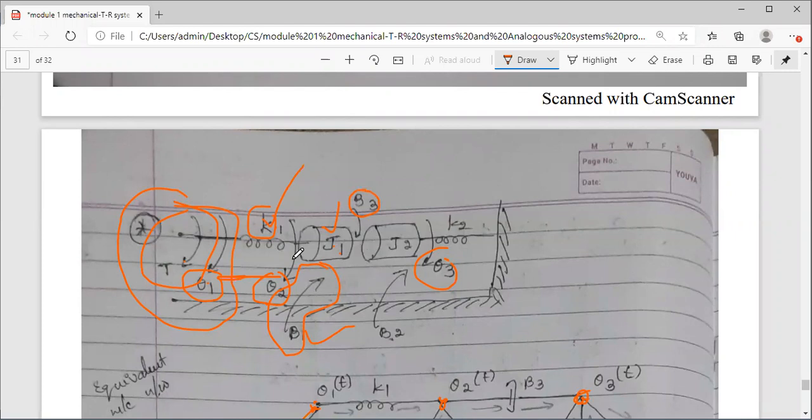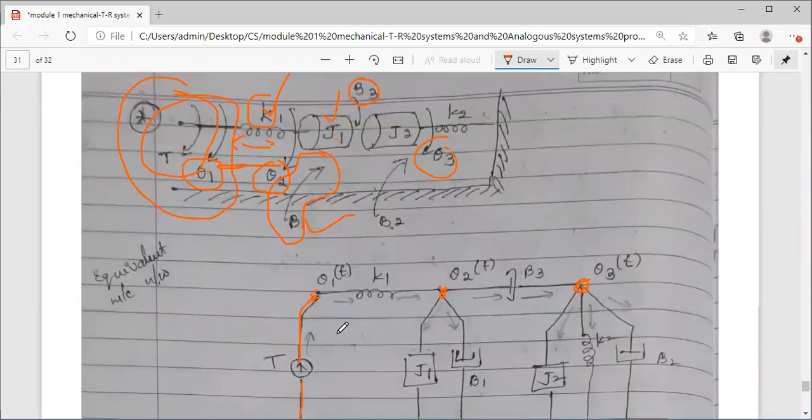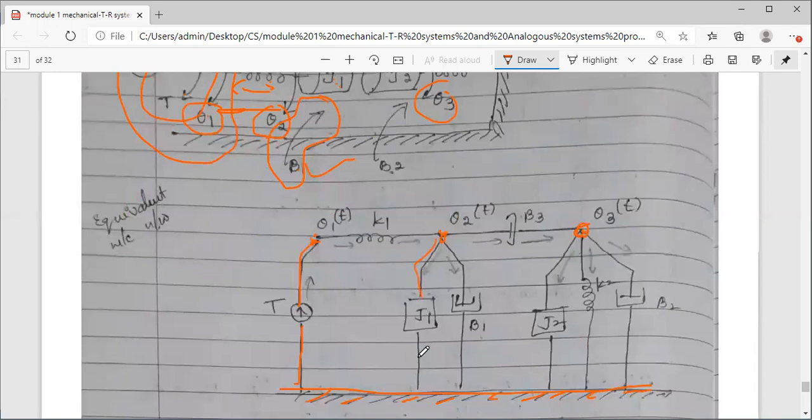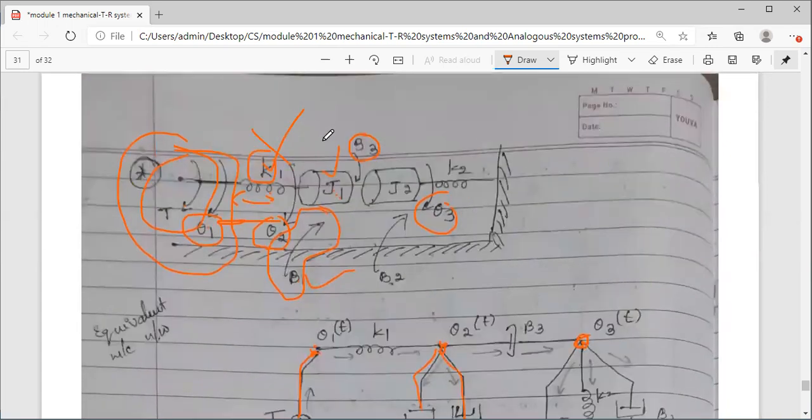For node analysis, we will use it. Even K1 is a shared element between theta 1 and theta 2. Purely, I cannot use it. J1 and B1, only 2 elements are there. So 2 elements I have connected to theta 2. I have not taken K1, I have not taken B3 because they are shared elements.